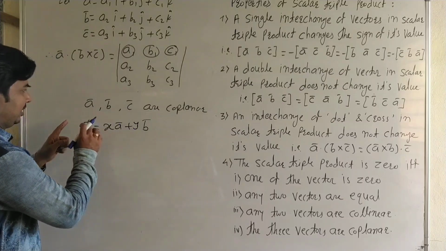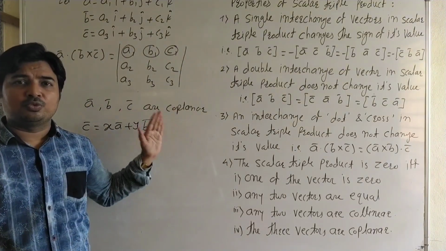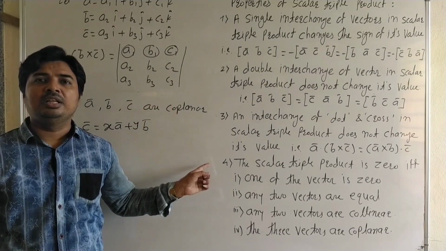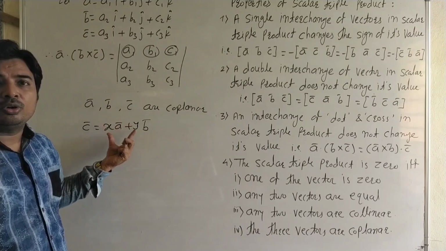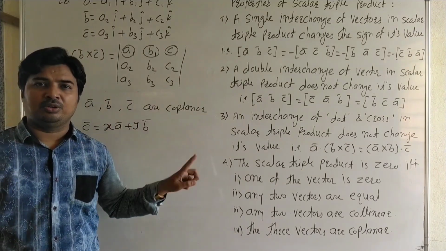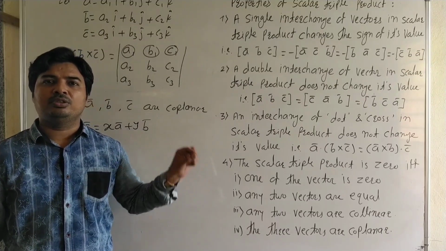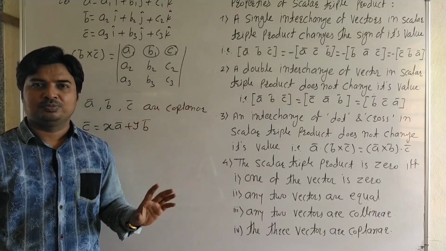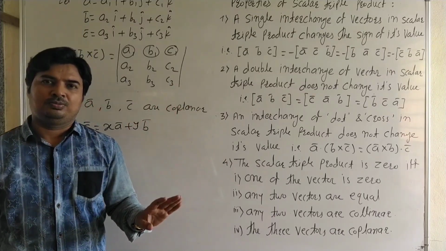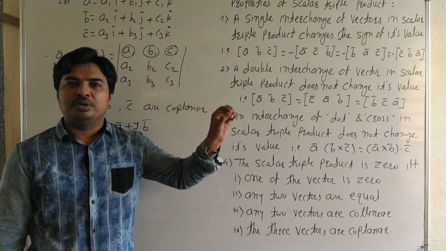Here A, B, C are coplanar, so one vector is a linear combination of the other two vectors, and in a determinant we know that if any one row is a linear combination of the other two rows, then the value of the determinant is 0. Or if any one column is a linear combination of the other two columns, then the value of the determinant is 0.